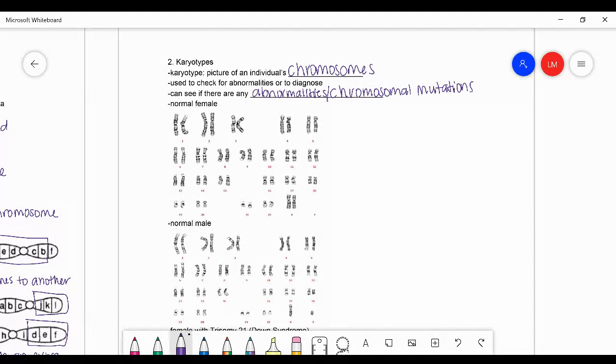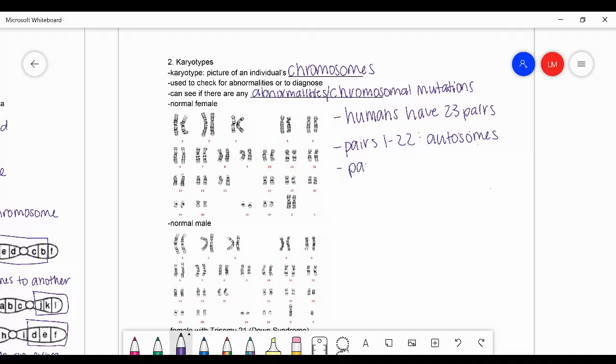So humans have 23 pairs of chromosomes. And pairs 1 through 22 we call autosomes.